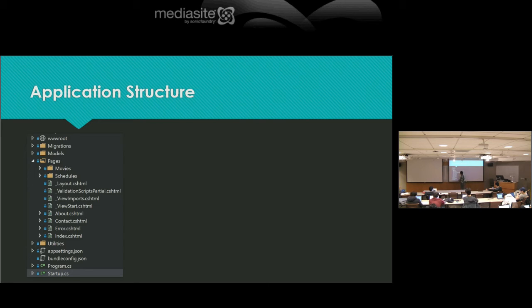The Razor page is different from the traditional ASP.NET MVC. It's rather an MVVM pattern, which stands for model, view, and view model. You have a list of Razor pages, and every Razor page is backed by C# code. The layout page is where you put your common elements.